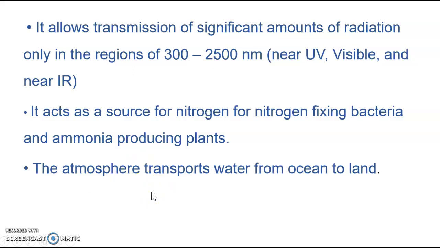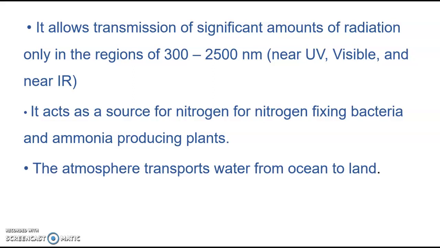One important thing is that atmosphere is a source of oxygen and helps the organisms in respiration, as well as it is a source of carbon dioxide for synthesizing food by plants by the process called photosynthesis.